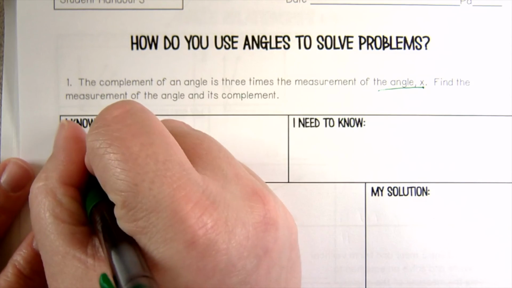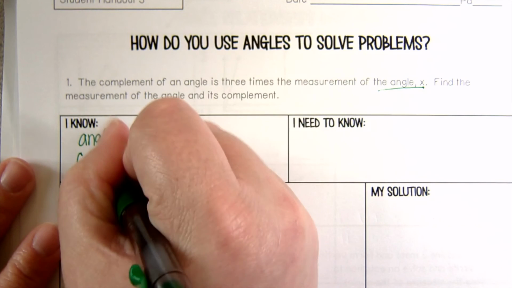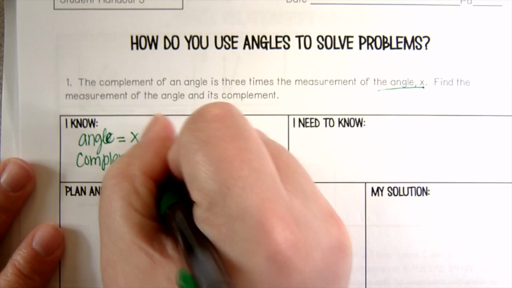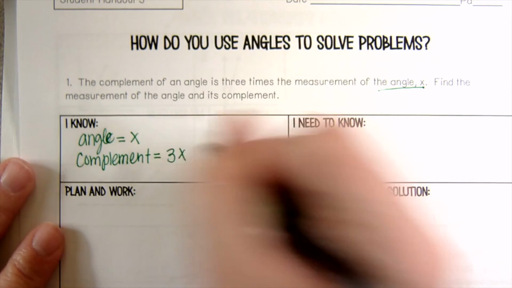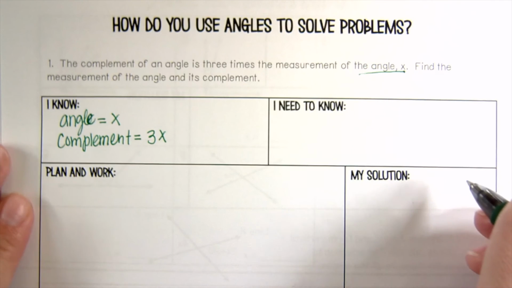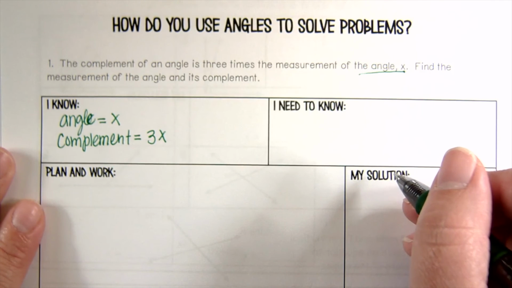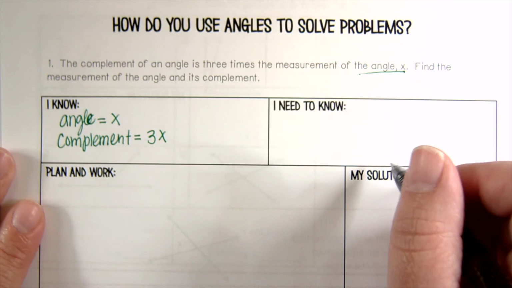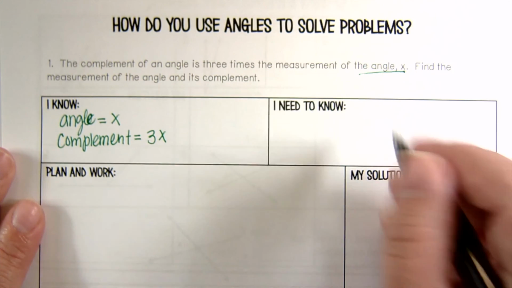And what about the second angle, its complement? What did we know about the complement? It was 3 times the first angle. What am I looking for? What do I need to know? The measurement of the angle and its complement.